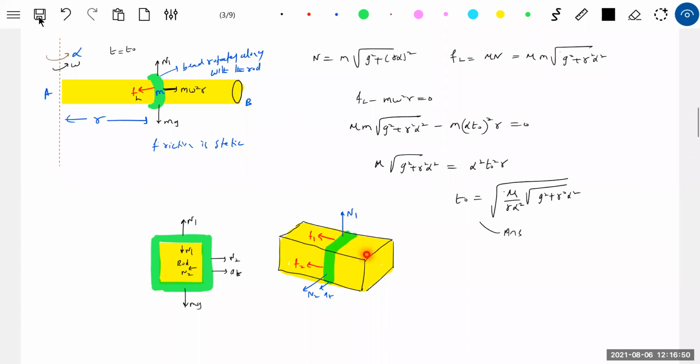Then the pseudo force is balanced by F1 plus F2, so F1 plus F2 equals m omega square r. These are limiting frictions. So rectangular cross section and circular cross section are very important.